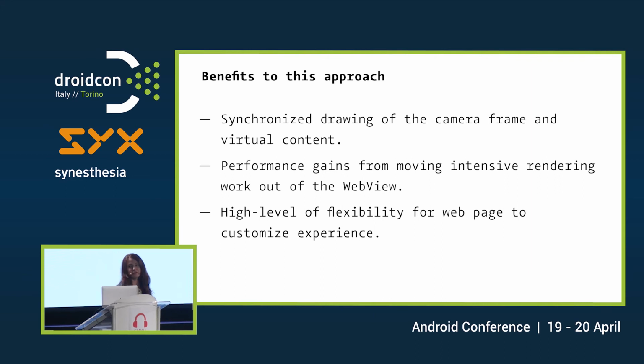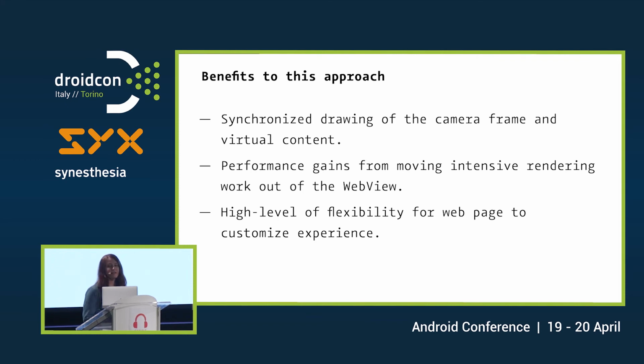So some of the benefits of this approach. Because we've moved the rendering of both the camera image and the virtual content to the native app side, we now have completely synchronized the drawing of each frame. This means that we won't have any drift resulting from a discordance between the rendering frames in the web view and the rendering frames in the native application. We've also gained some performance by moving these intensive rendering operations out of the web view.